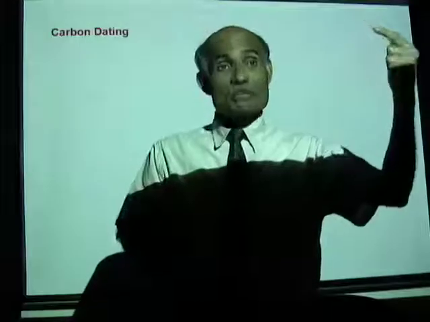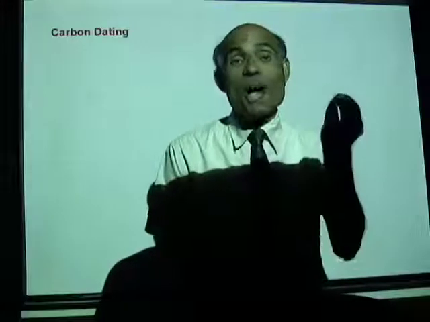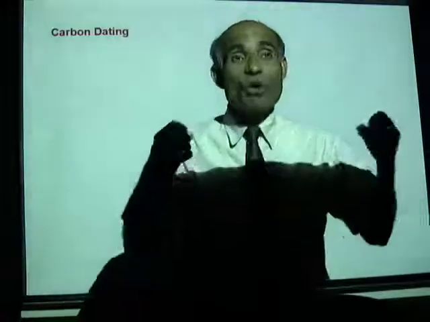We saw some time ago that carbon has many isotopes. And carbon 12, which is the normal carbon, is a stable isotope of carbon, whereas carbon 14 is radioactive. It eventually disintegrates to become nitrogen. Now, the ratio of carbon 14 to carbon 12 in a living organism remains stable as long as you live.